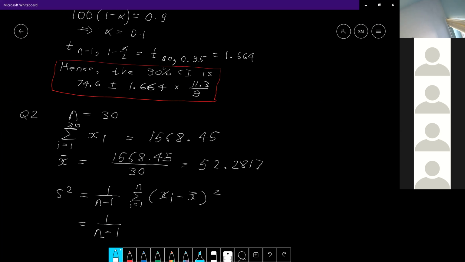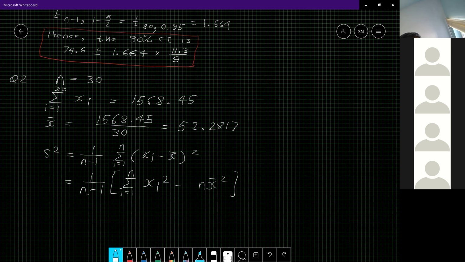You can write this as follows. This is a different expression for the sample variance.